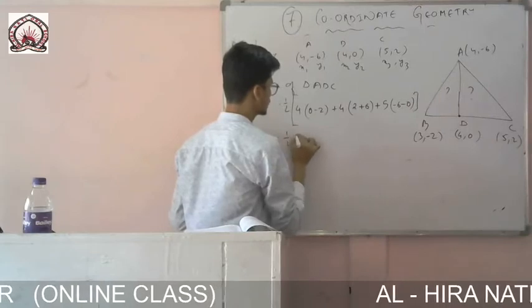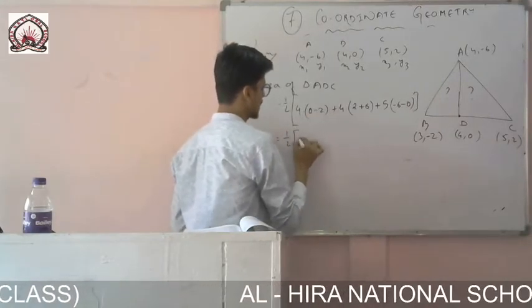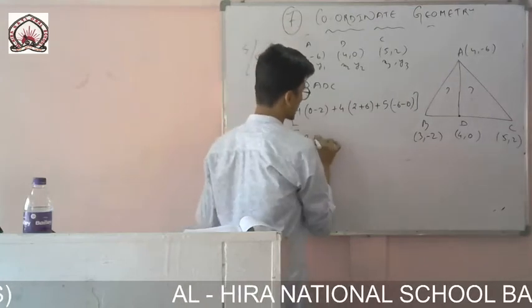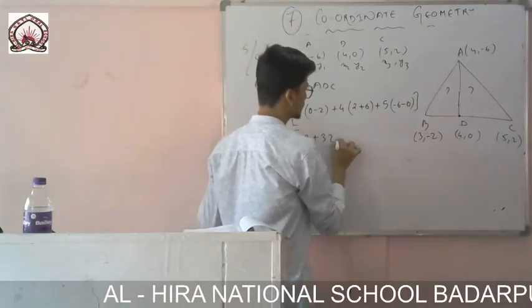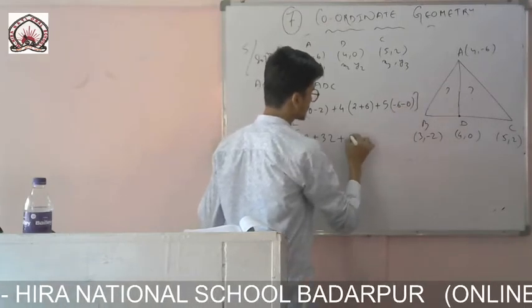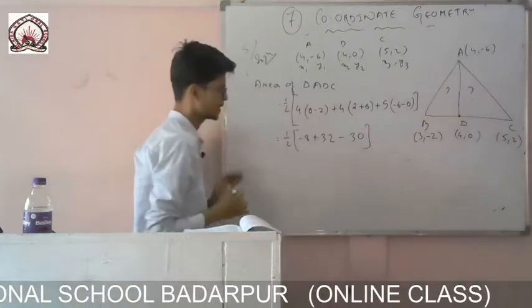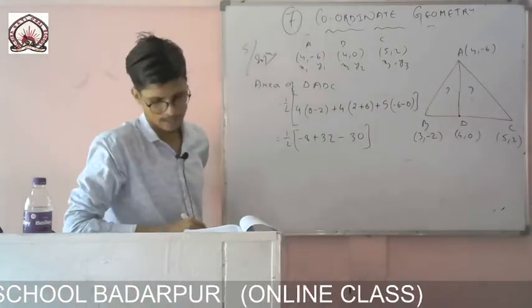So half into 4 times minus 2 is minus 8, plus 4 times 8 is 32, plus 5 times minus 6 is minus 30. So minus 8 plus 32 minus 30.